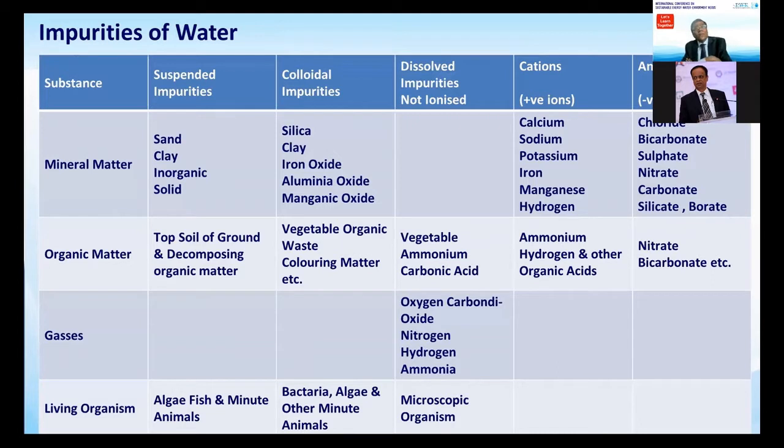These are the total contaminations which I have summarized for you to understand. On the top column, you see the substances: suspended impurities, colloidal impurities, dissolved impurities, cations, and anions. This is generally the water composition which is foreseen in the various sources of water.